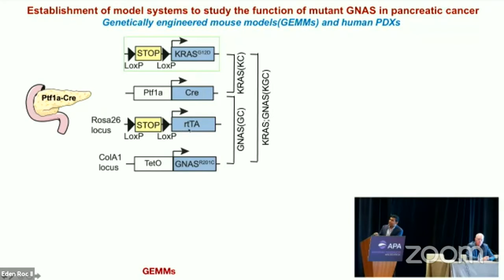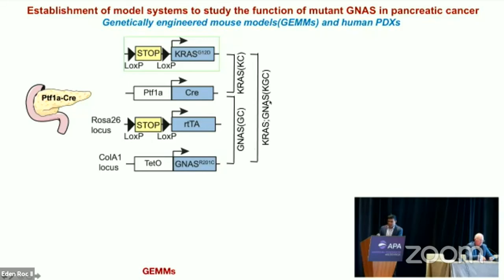As KRAS is frequently mutated along with GNAS, we also combined this animal with mutant KRAS. So we generated GNAS only, KRAS only, and KRAS GNAS animals.